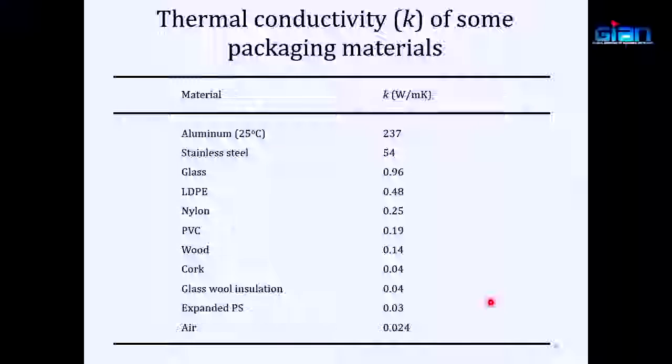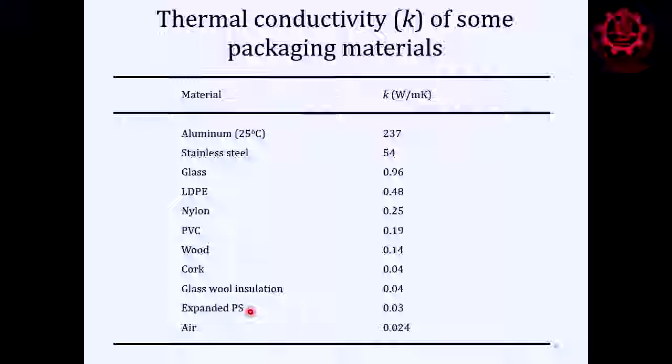This is showing you the thermal conductivity of different packaging materials. As you can see, metals have very, very high thermal conductivity, and many of the polymers have low thermal conductivity, and in fact this one is expanded PS. You know what expanded PS is?